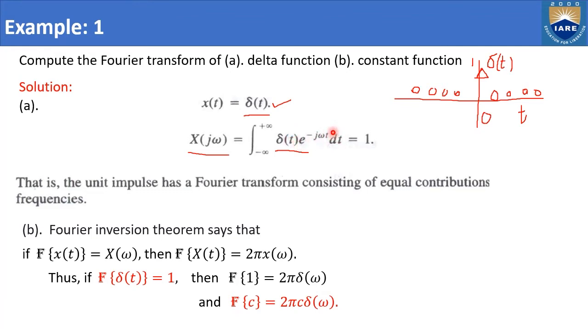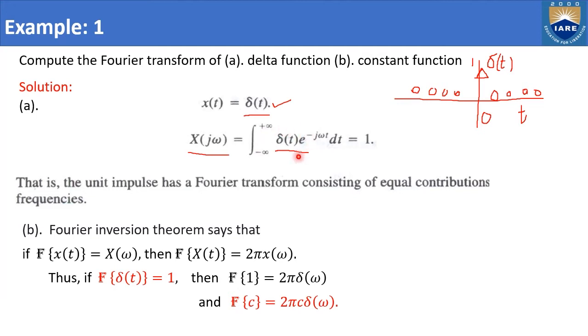When you substitute t equal to 0, e to the power of minus 0 becomes unity, and we get the integration of delta of t dt. What about the infinite limits? The integration will pick up a single value at a single instant, that is t equal to 0. At other places they are 0.